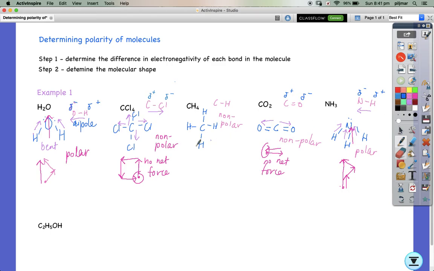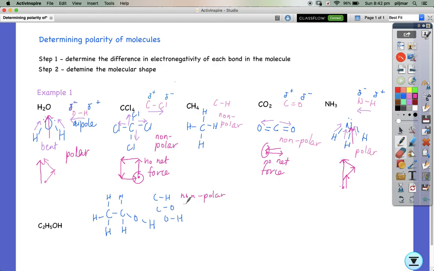The last one we'll do is a little bit more challenging because it's got a variety of different bonds, and this one is ethanol, C2H5OH. It's got a few different bonds here: the CH bond, the CO bond, and the OH bond. Of those 3 bonds, CH is non-polar.